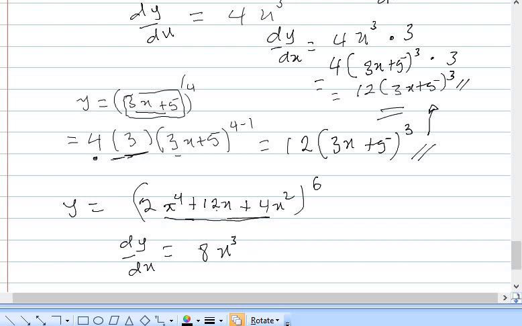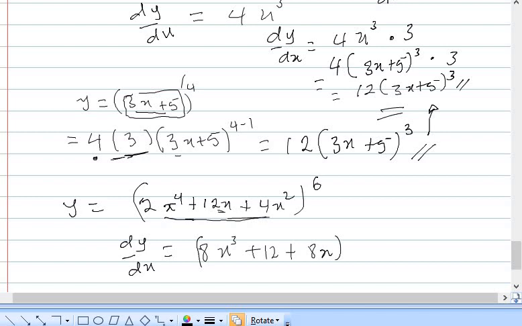Then the differential of this is 12, and then plus the differential of this, that's 2 times 4 is 8, into just x, since we subtract 1 from the 2. So it's just 8x.